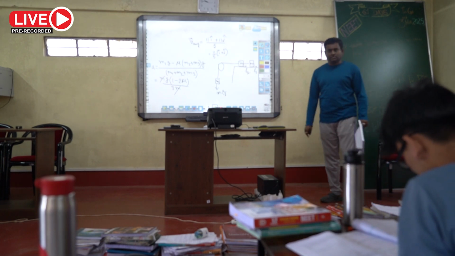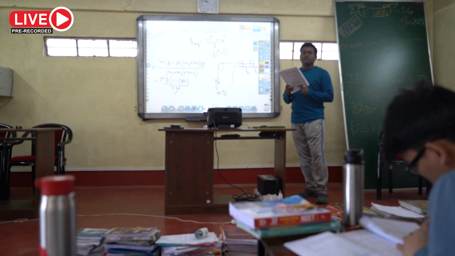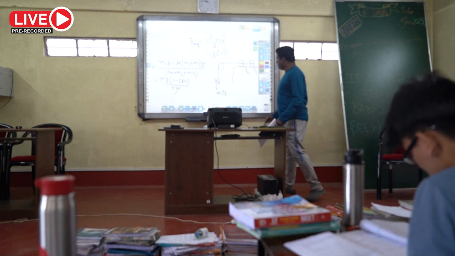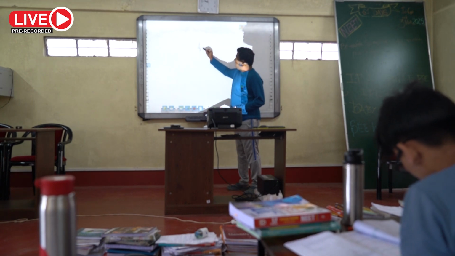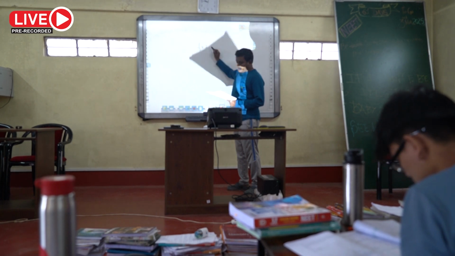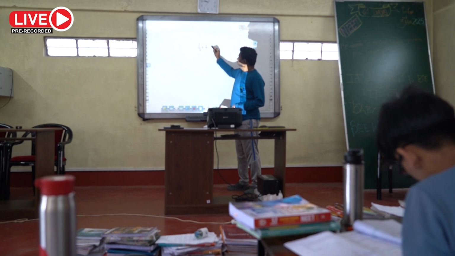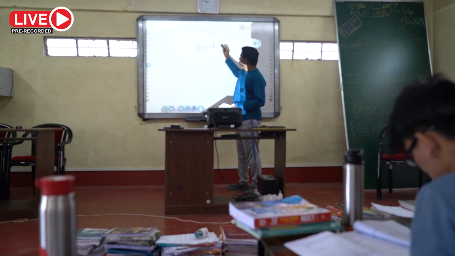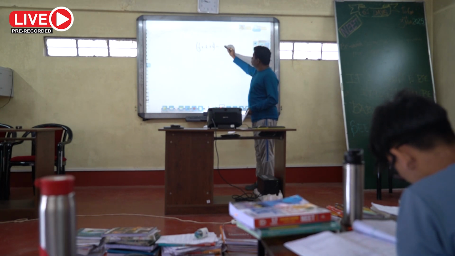Means with sign. So the first area is a triangle, so it will be positive and it will be half into base into height. So base is 2, height is 6. So this first term is positive, then the next one is negative, that is 2 into 3.